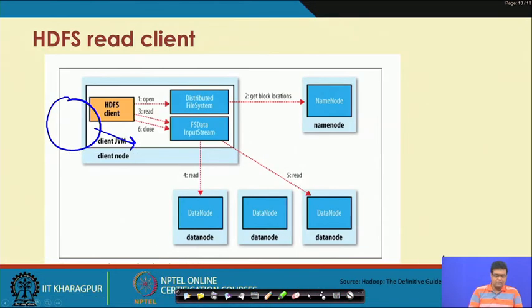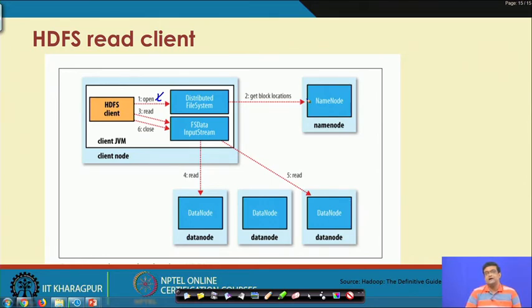Okay. Now, we discuss how a HDFS read client functions. So, a HDFS read client has to read a particular file. It first calls the open function, which accesses the distributed file system, and then it accesses the name node, and it basically results in getting the block locations for this particular file.